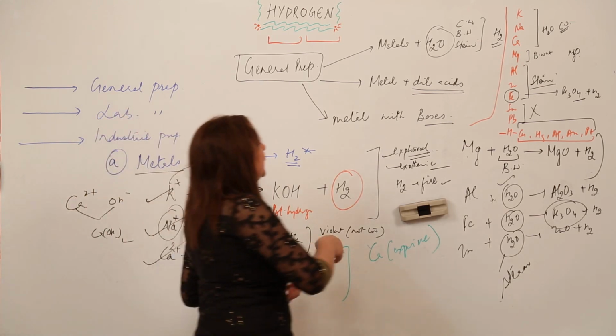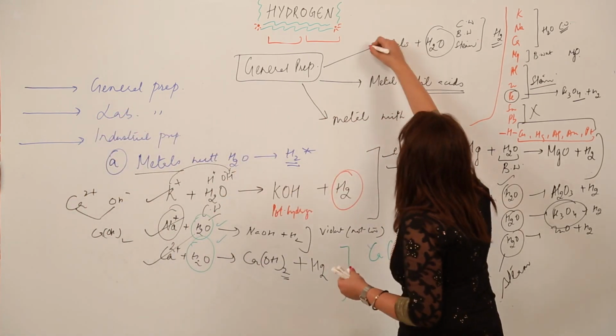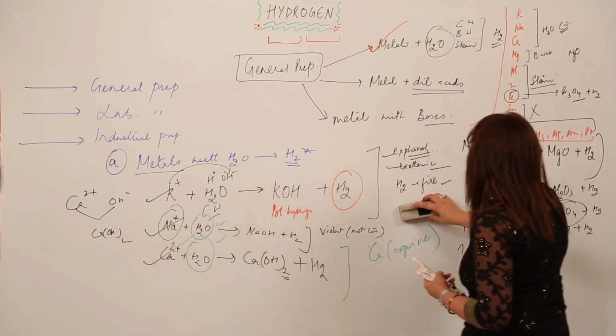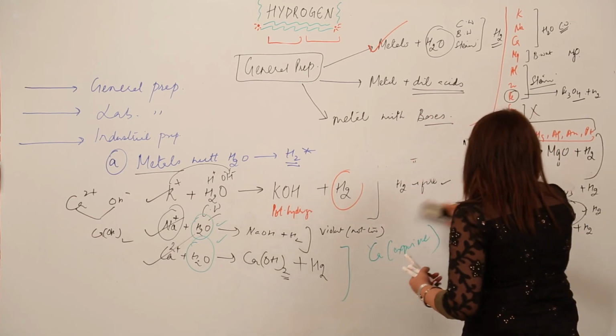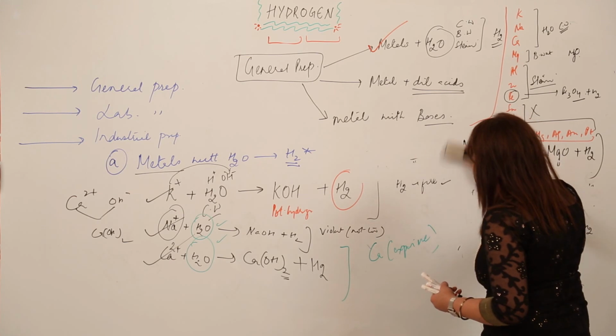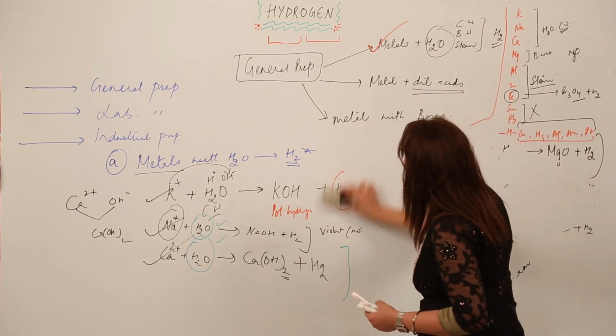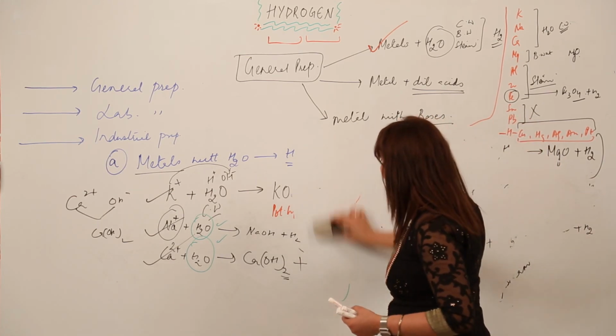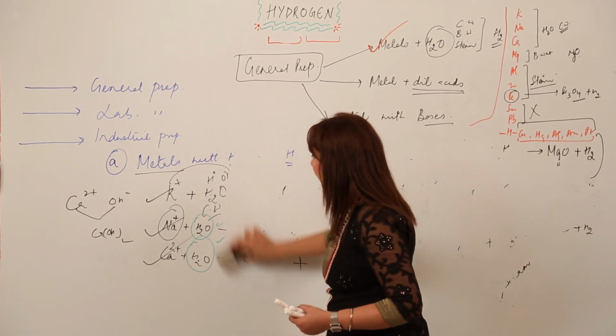So this is the first method we were discussing, the general preparation of hydrogen when metals react with water. Now we will take up the second general preparation, that is the reaction of metals with dilute acids.